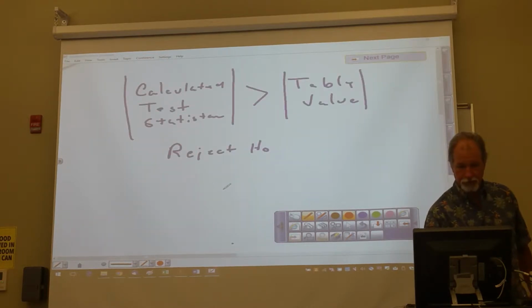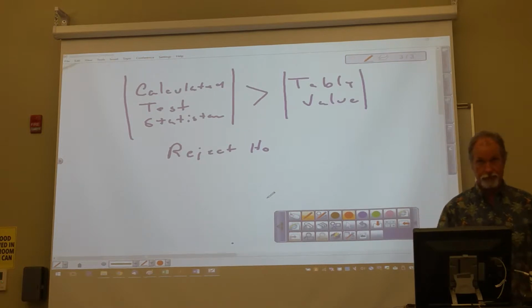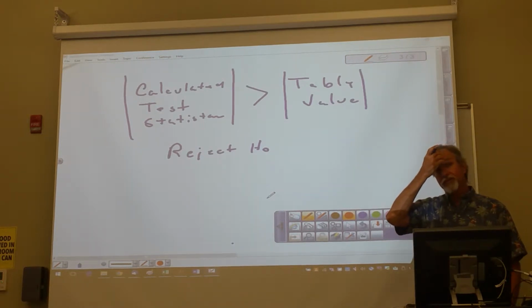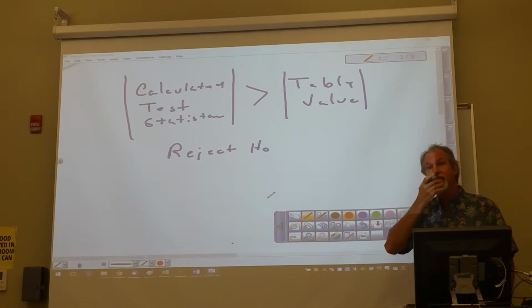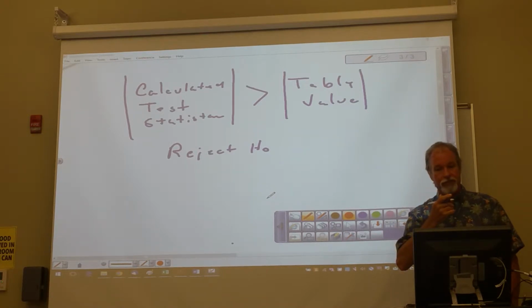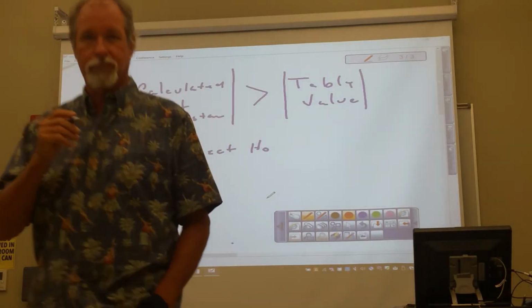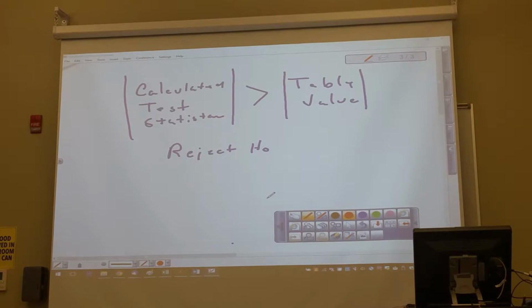But the answer for mine, it might be different for yours, came out that there is sufficient evidence to conclude that the proportion of people in the town with depression or depressive illness is lower than the 0.106. So mine said there was sufficient evidence to conclude at the 5% level of significance.